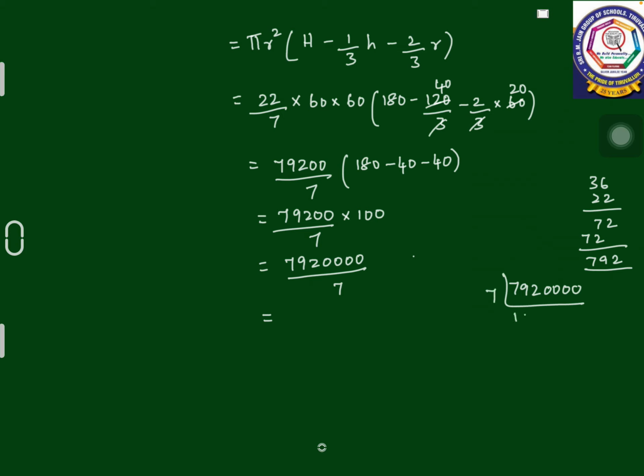79,20,000 divided by 7. 7 ones are 7, 7 threes are 21, 7 fours are 28, 7 twos are 14, 7 eights are 56, 7 fives are 35, 7 sevens are 49, and it keeps going. So I take up to 2 decimal places. So 11,31,428.